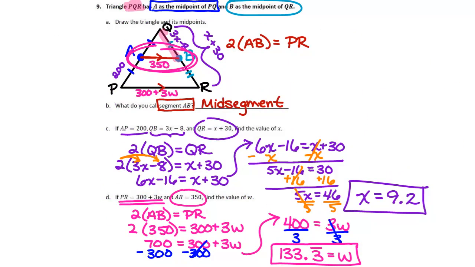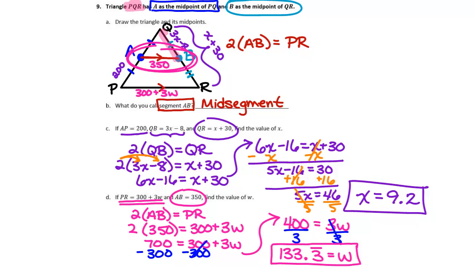So yesterday on the skills check when I was grading, on these 2 problems, the biggest mistake that I saw happen over and over was people telling me that these 2 pieces were equal instead of that I needed 2 of these to equal this. Same thing down here. I need 2 of the smaller segment to equal the bigger segment.